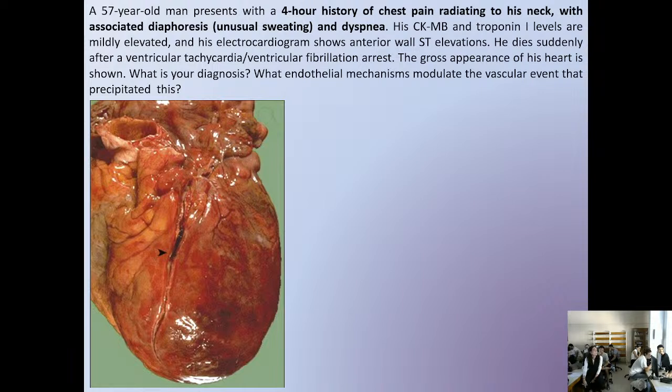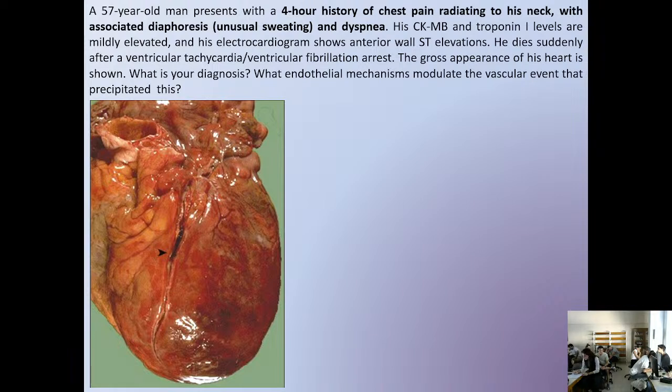If we have hypoperfusion on a chronic basis, that's something different. It adapts to this lower blood that comes to it by becoming hypertrophic, so that it can contract and send the blood away from the heart. In this case, something acutely happens, so there is no way of adaptation, and the muscle fibers become necrotic.